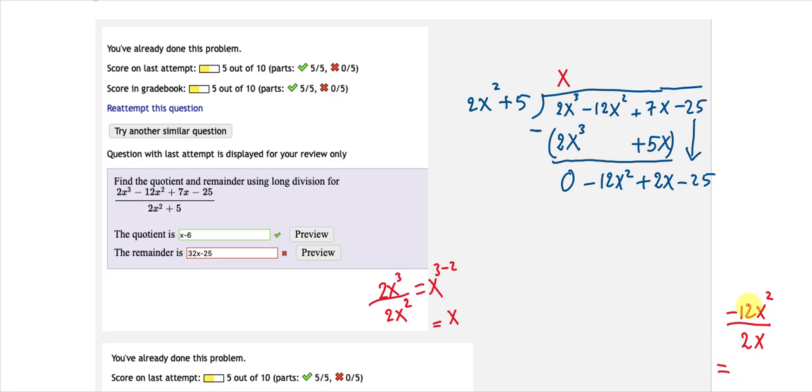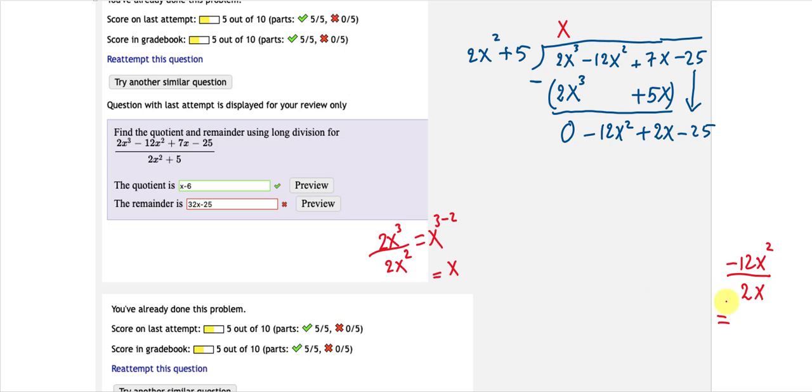Minus 12 divide by 2 give me 6. X squared divided by x give me x. Make sure you have the minus. So that is the minus 6x.